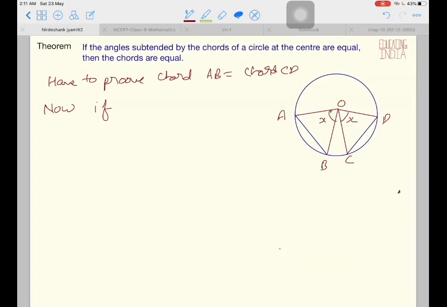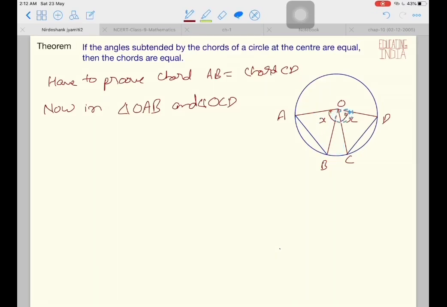In these triangles, OA is a radius, the distance from the center to the circumference.